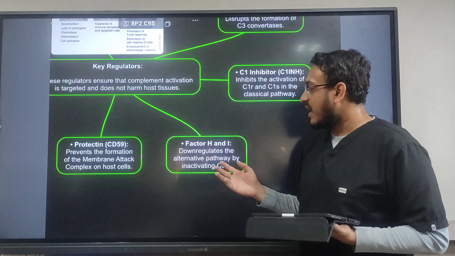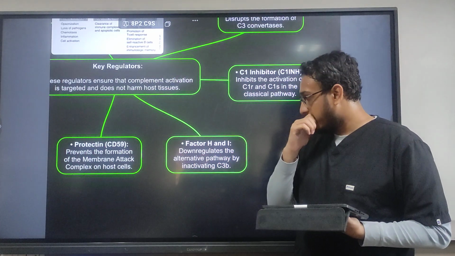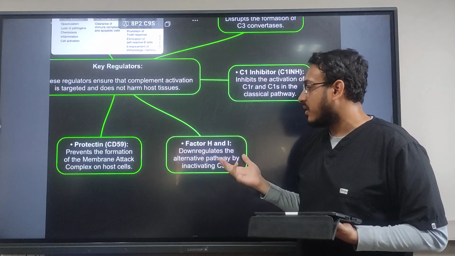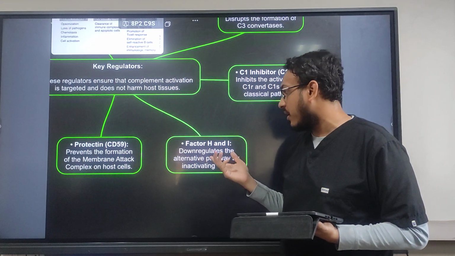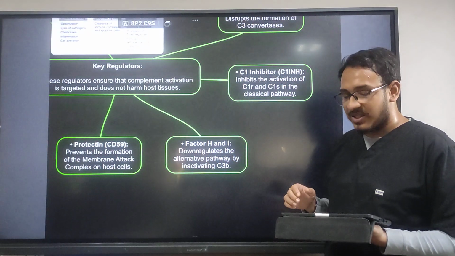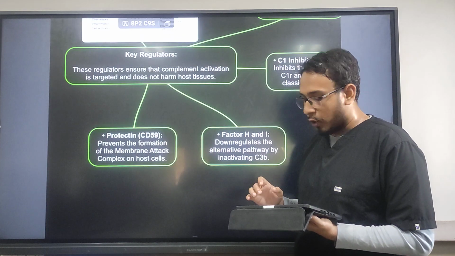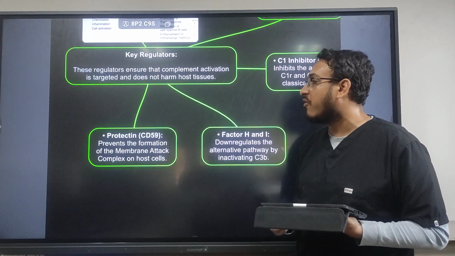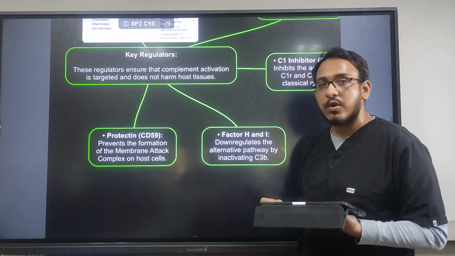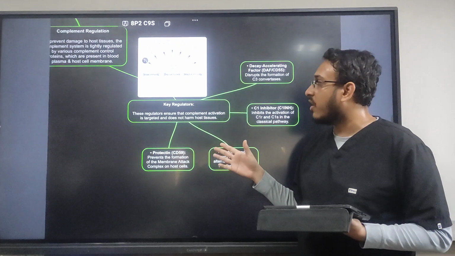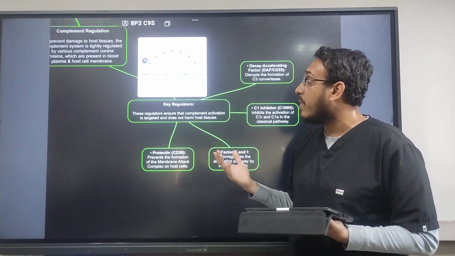Then there is factor H and factor I regulator. These down regulate the alternative pathway by inactivating C3b, and there is protectin CD59. So this prevents the formation of membrane attack complex on the host cells. So this is how the host cells are protected from their own complement system.